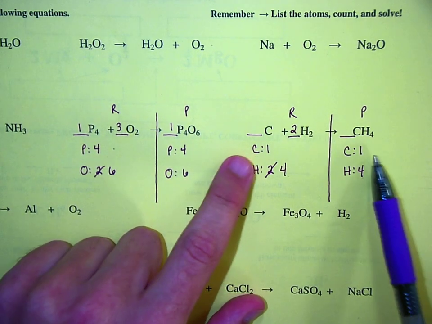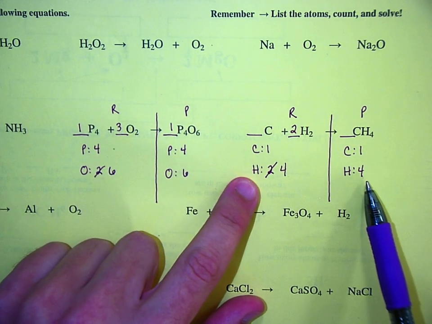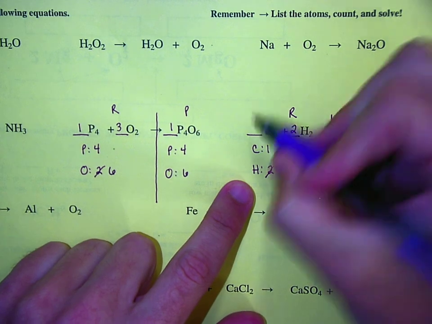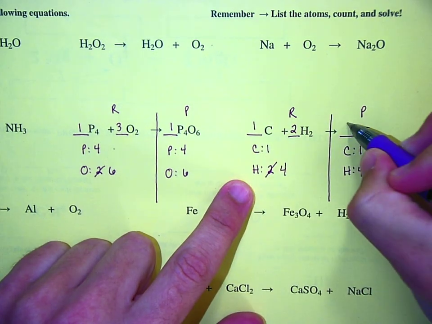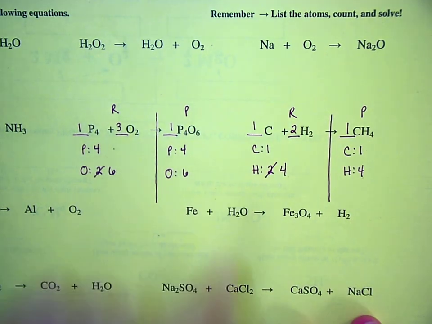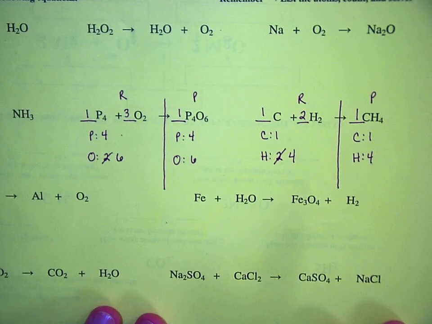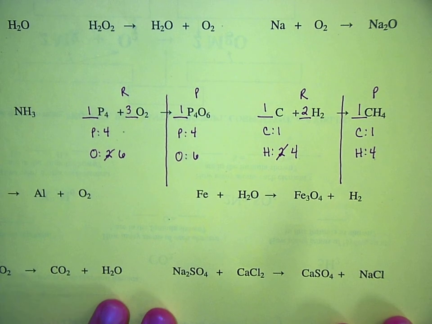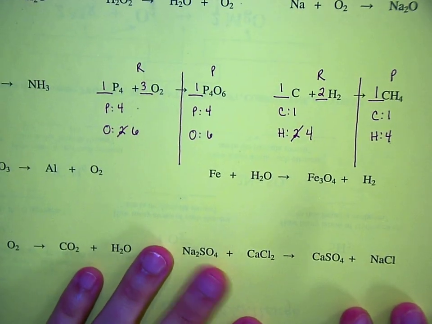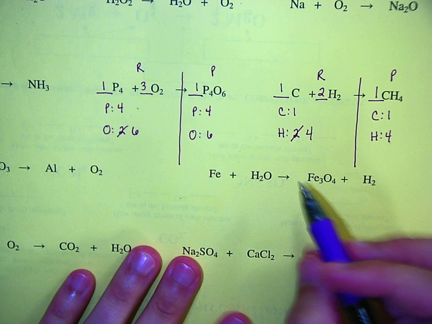We are balanced. Carbons are 1 and 1. Hydrogens are 4 and 4. Empty spaces get 1s as placeholders. Okay, we'll do one more. It might be a little more challenging, but sometimes they look harder than they really are. So let's do the one right below it.